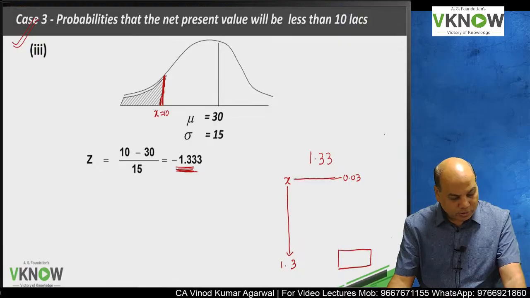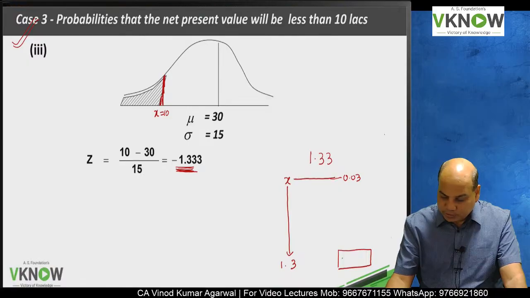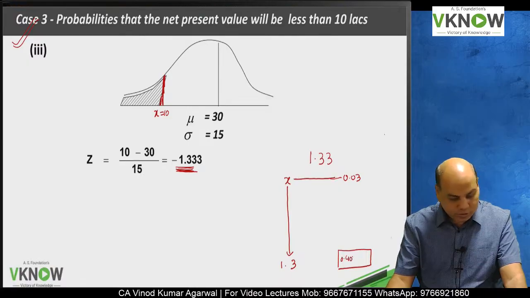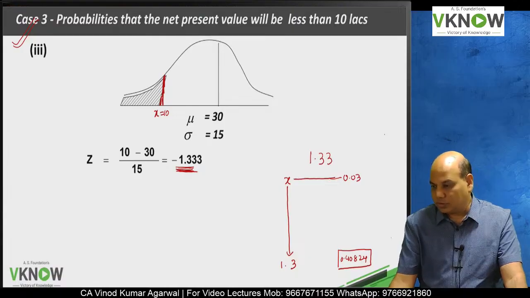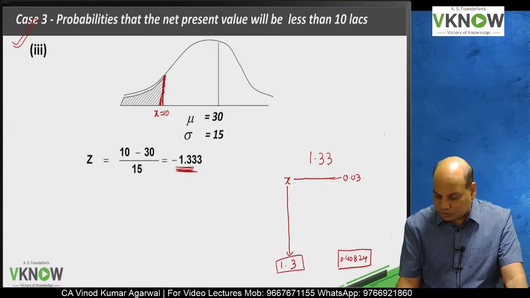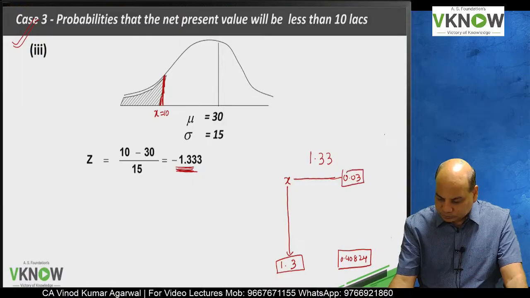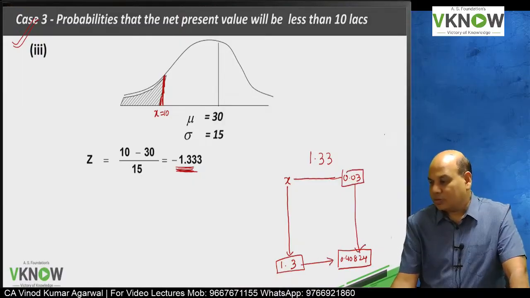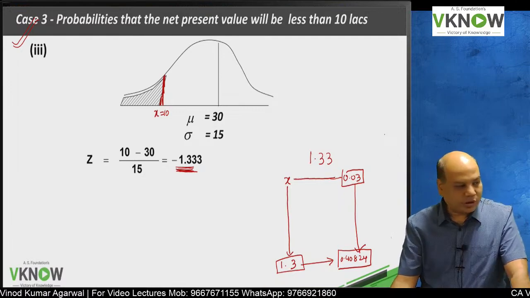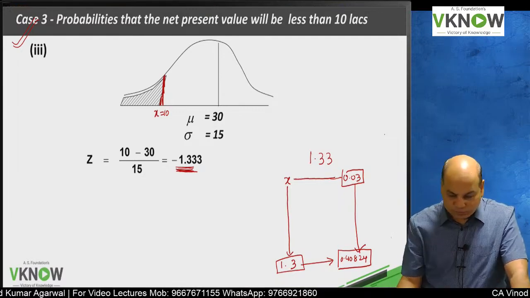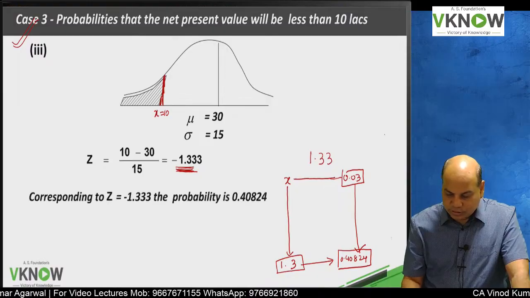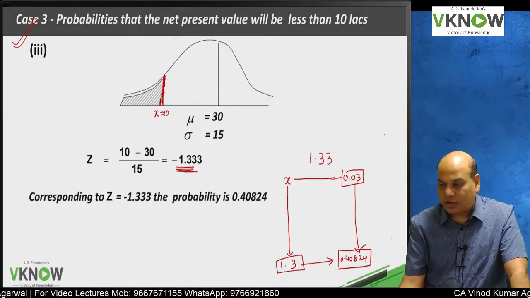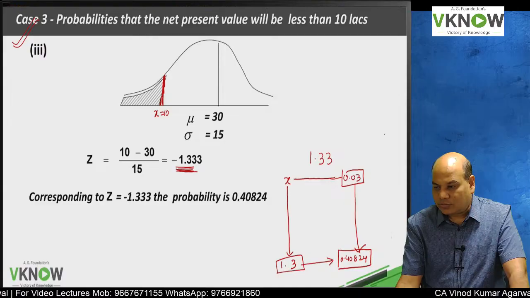Move right 3 columns and you will find 0.40824. So write down, corresponding to Z equal to minus 1.33, 0.40824.